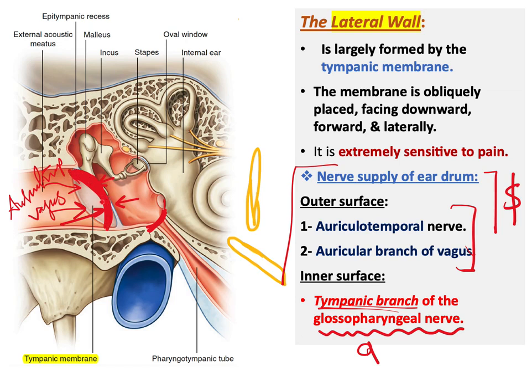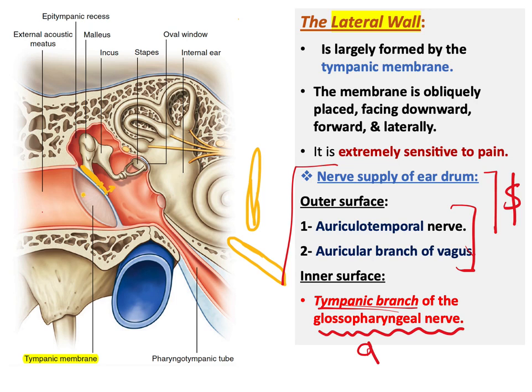This concavity is made by, let me show you here. Yes, it's concave. Look at the malleus. The malleus has a handle, this handle. The handle of the malleus is attached to the inner surface of the tympanic membrane, and it pulls it inward.